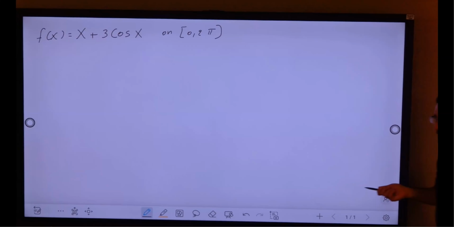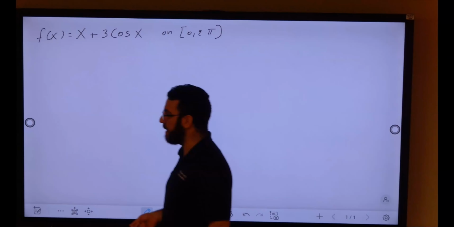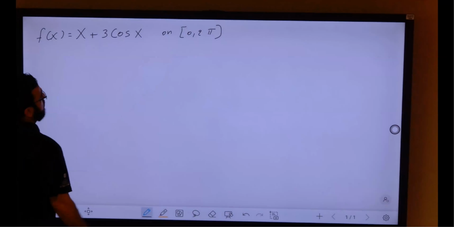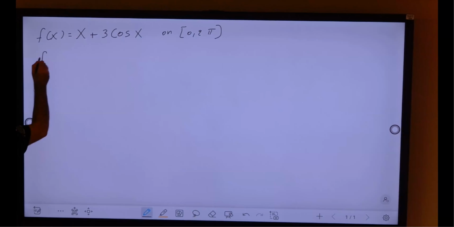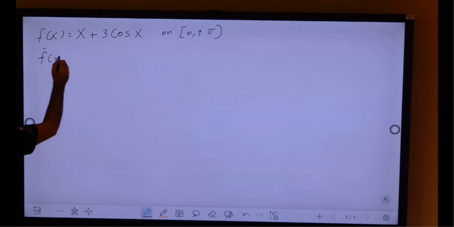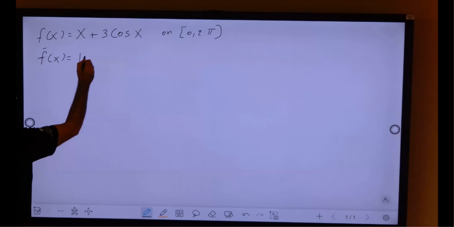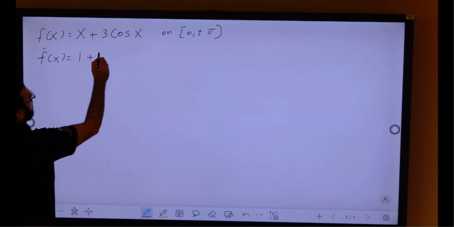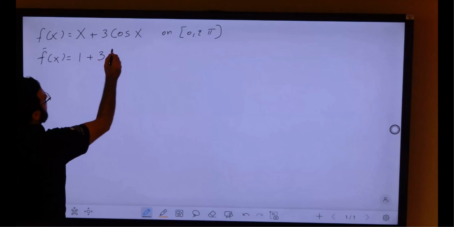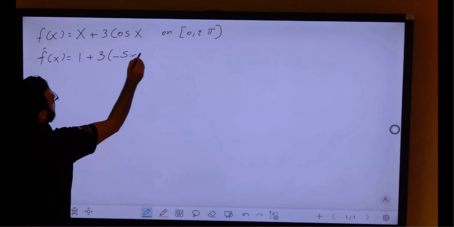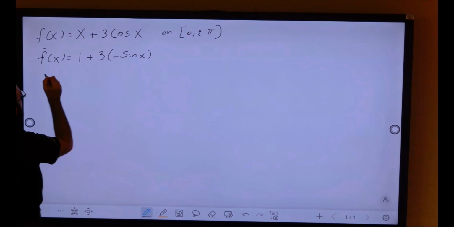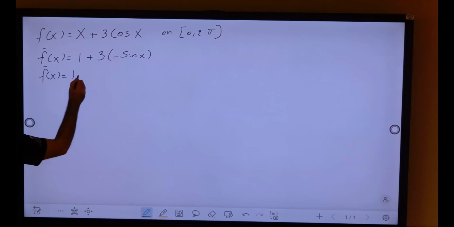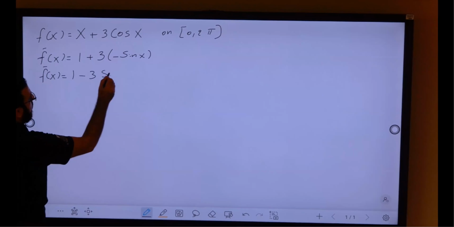It's a trick. We're not going to do that many steps. Here's our function on the interval 0 to 2 pi. That means the first derivative of x is going to be 1, plus 3. The derivative of cosine is negative sine x. That means the first derivative equals 1 minus 3 sine x.